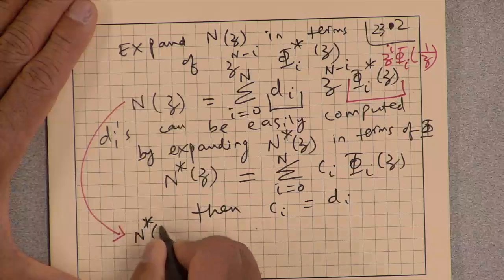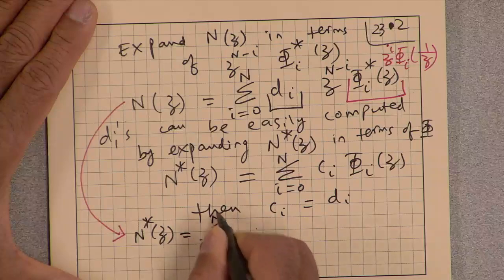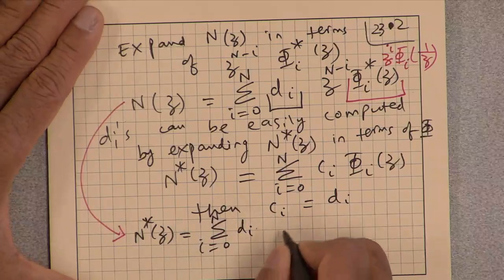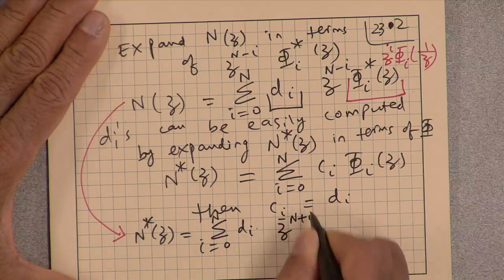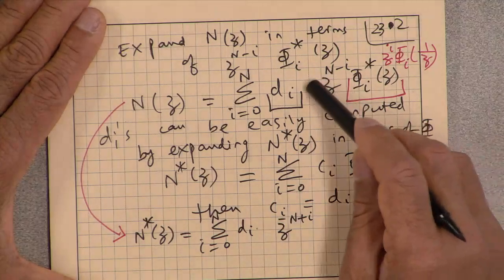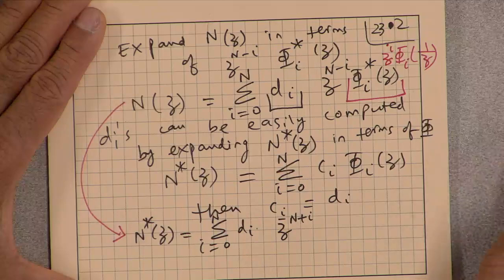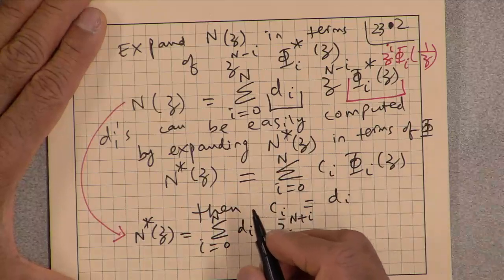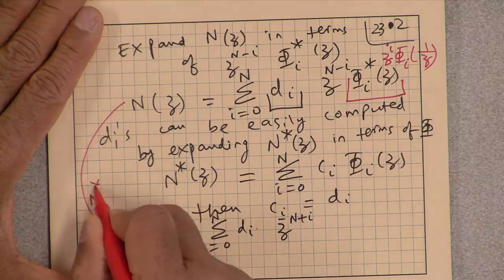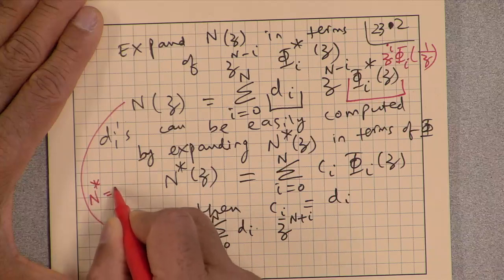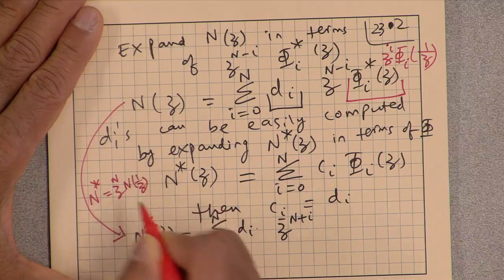N star z is equal to the sum from I equal to 0 to n of di z to power minus n plus I. So I am just replacing z. From here we are taking the reverse polynomial. Okay, so the reverse polynomial n star is equal to z to power n times n of 1 over z.